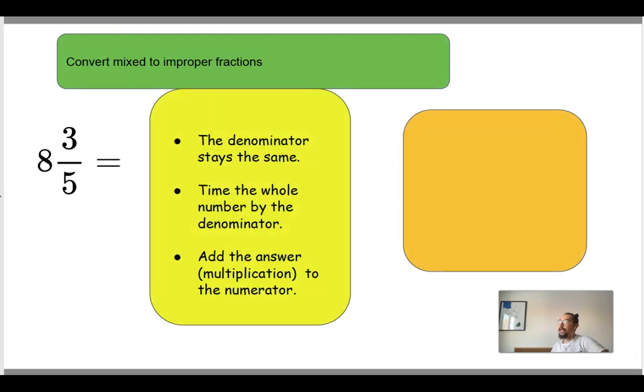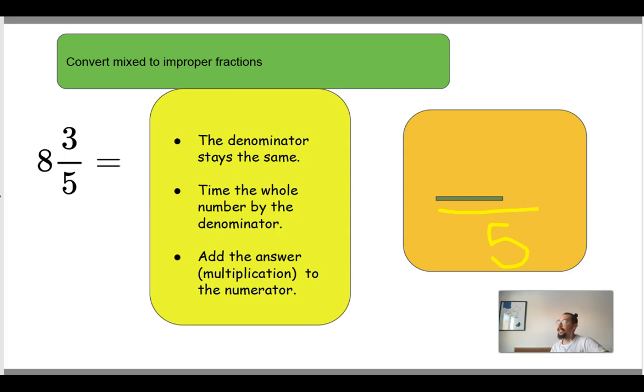So right away, this one is a mixed fraction. I'm gonna make it into an improper fraction. I'm gonna take it right away. Oh, that's not the pencil. Here's the pencil. And then the 5 stays the same. I multiply 8 times 5, which is 40.